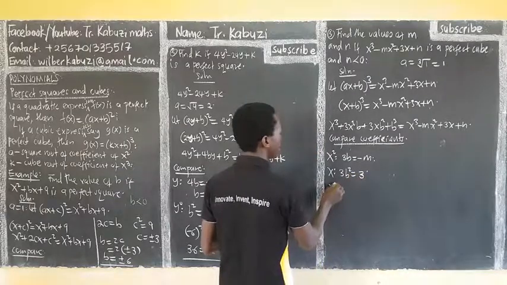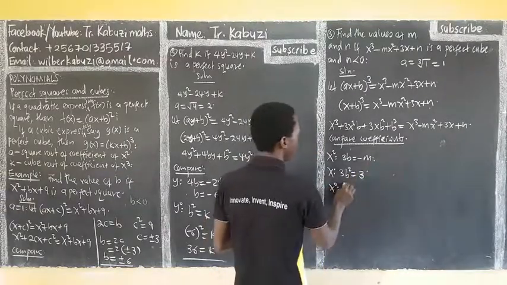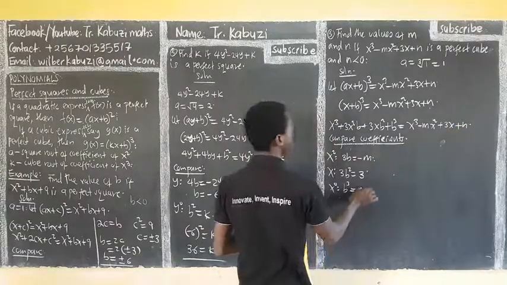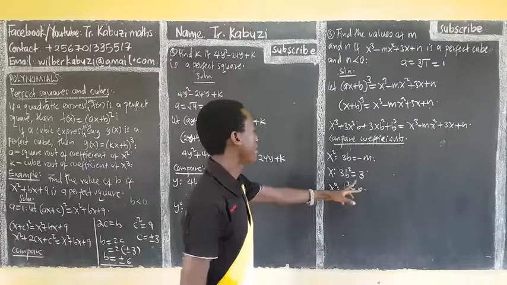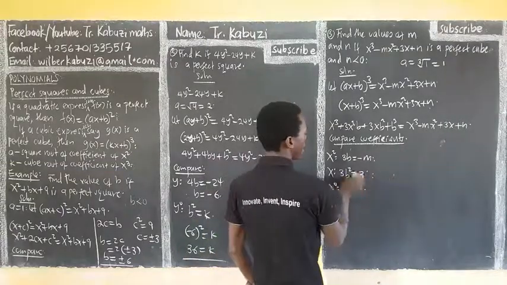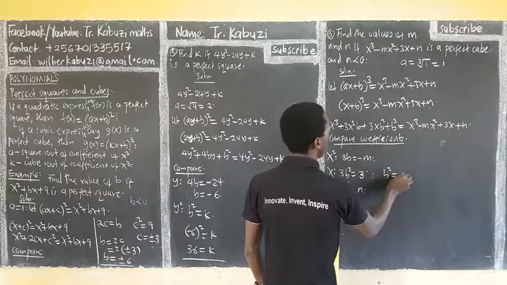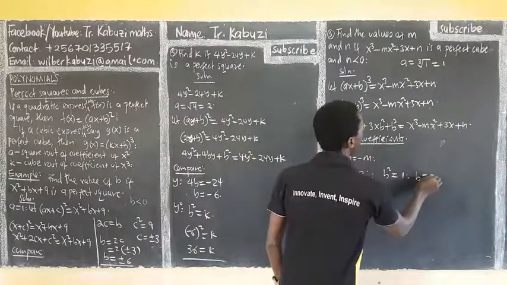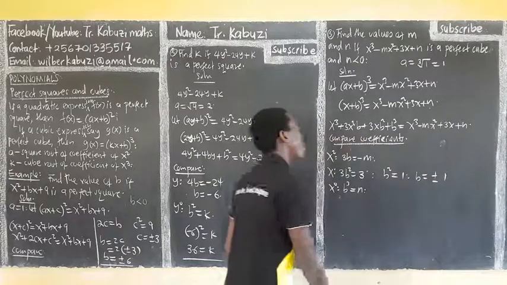Then for constants, this side I have b cubed, this side I have n. Now, from here, you can get the value of b. If you divide here, my b squared will be 1, and if I get the square roots, my b becomes plus or minus 1.